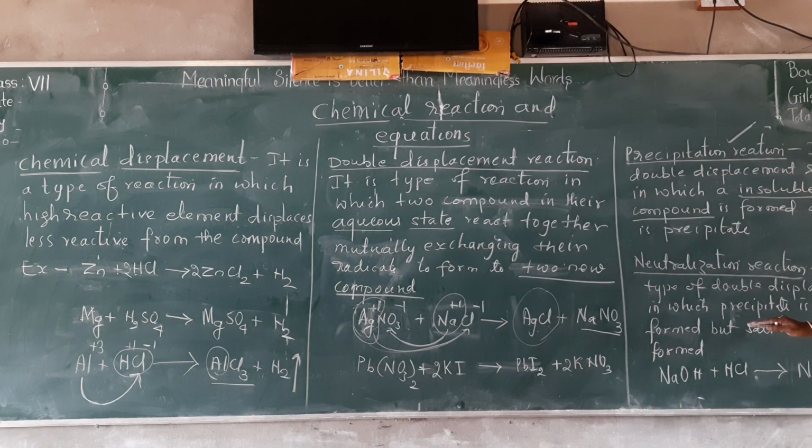Similarly, one more type of double displacement reaction is the neutralization reaction. It is a type of reaction in which PPT is not formed. Instead of PPT, salt and water are formed. You can call this an acid-base reaction.